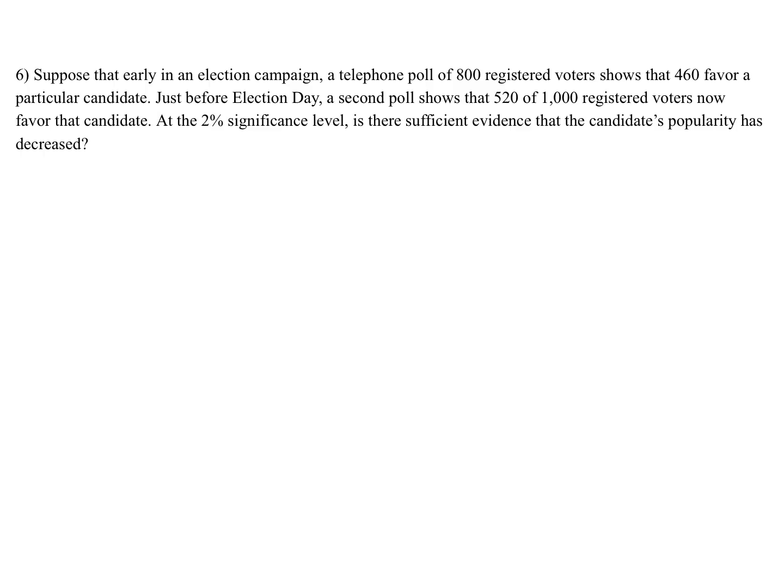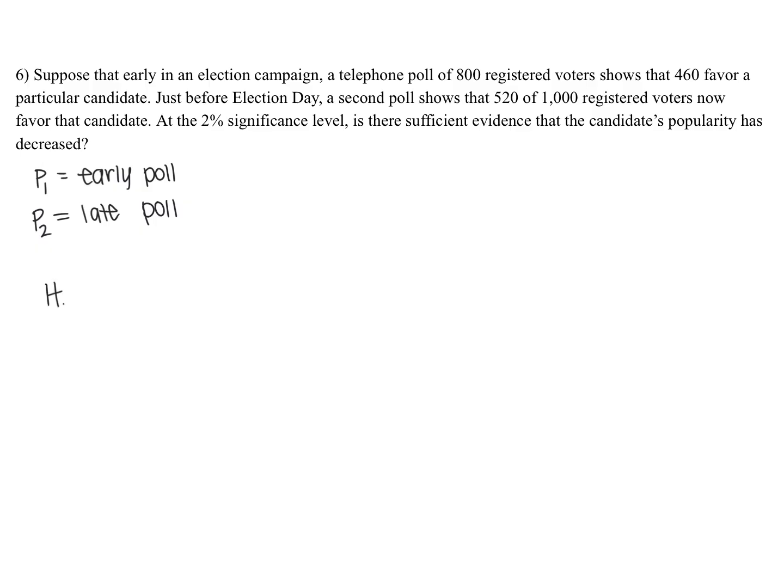So whenever you have a difference in proportions, the first thing you have to do is define your P1 and P2. So I'm going to let P1 be the early poll and P2 be the late poll. It does not matter which one you pick to be P1 and P2. It will affect how you write your alternative hypothesis though, which is why we have to define them.